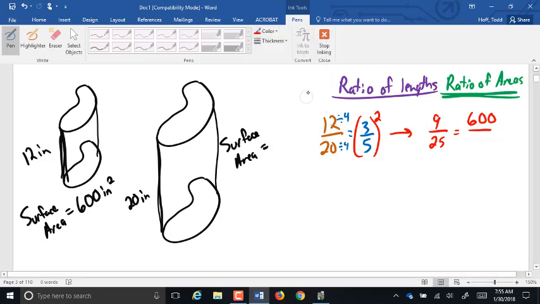So we cross multiply and divide. So 25 times 600 is what, 1,500? Divided by 9 is 1,555.55? Did I do that right?